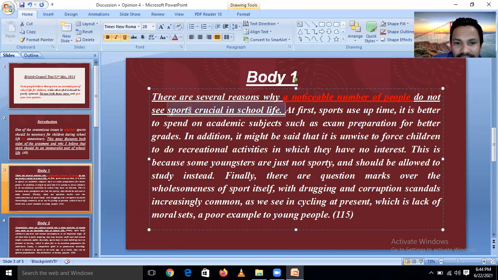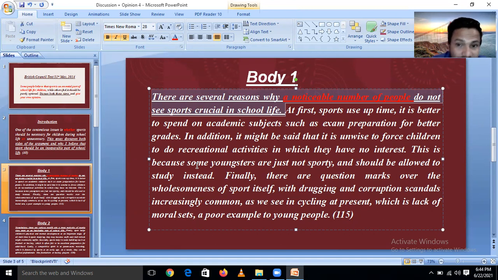They do not see it as important. So this is against, while other people believe that sports should be purely optional. So why do they think? This is the topic sentence. There are several reasons why a noticeable number of people do not see sports as crucial in school life.